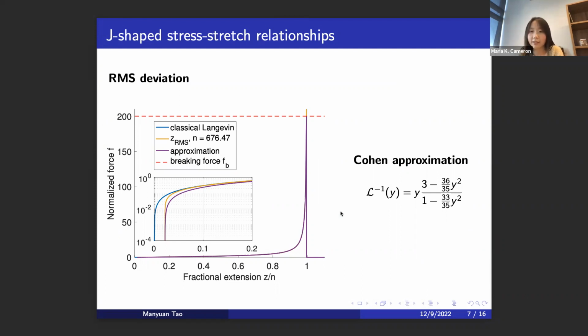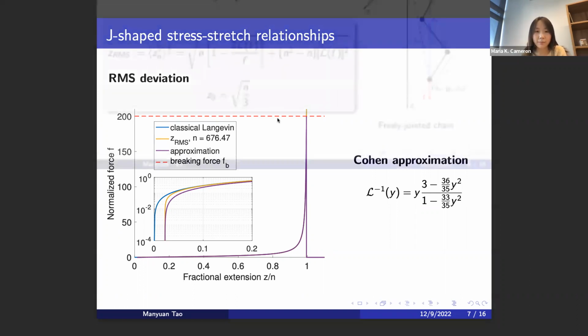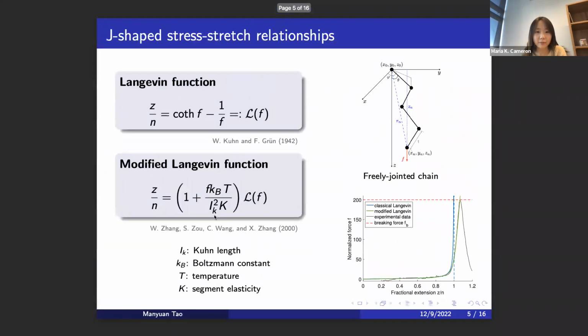Our approximation is based on the most popular Cohen approximation. The purple curve in this figure is our approximation for the inverted ZRMS. The breaking force for a single chain is 200, which is normalized from the experimental work by Zhang Zhou. The experimental work for the modified Langevin function here.